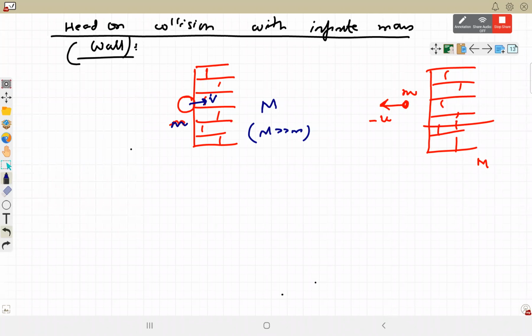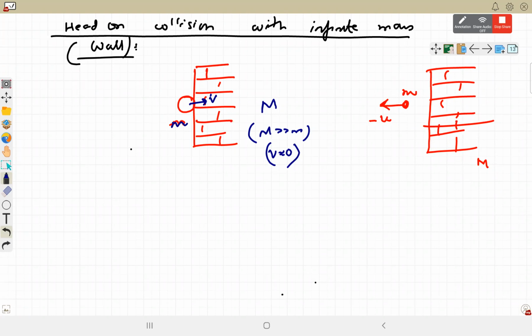So momentum of the ball is not conserved. If we say momentum of the system is conserved, yes, if we include a very negligibly small velocity acquired by this wall, then only we can say that it is conserved.